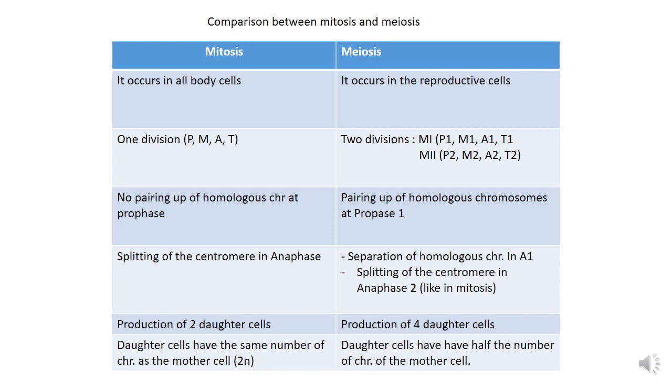However, the splitting of the centromere occurs in anaphase II, just like in mitosis. Mitosis always produces 2 daughter cells, while meiosis leads to the production of 4 daughter cells. The daughter cells in mitosis have the same number of chromosomes as the mother cell, 2n, and you know that in mitosis the number of chromosomes is always conserved, while in meiosis the daughter cells have half the number of chromosomes of the mother cell.